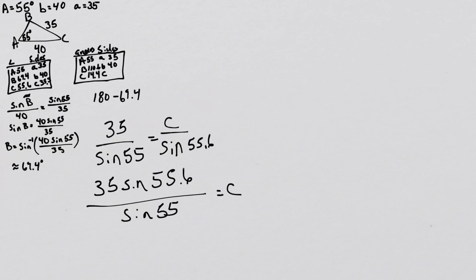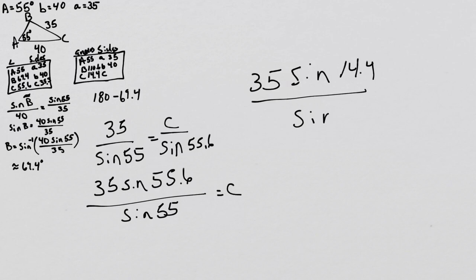So for my other triangle, I have 35 sine of 14.4 divided by sine of 55.